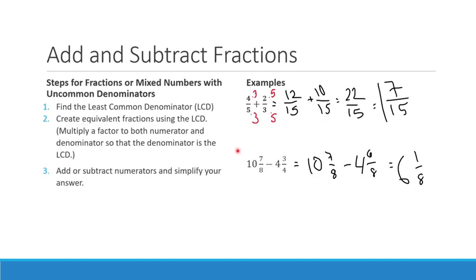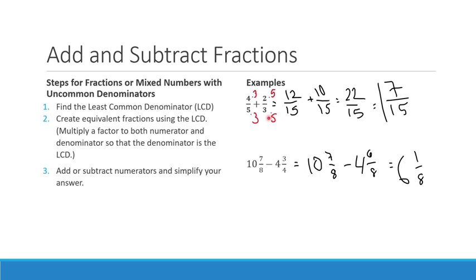When adding or subtracting fractions and mixed numbers that do not have common denominators, you need to find a common denominator, create equivalent fractions or mixed numbers, and then perform the operation. In this example, we have 4/5 plus 2/3.